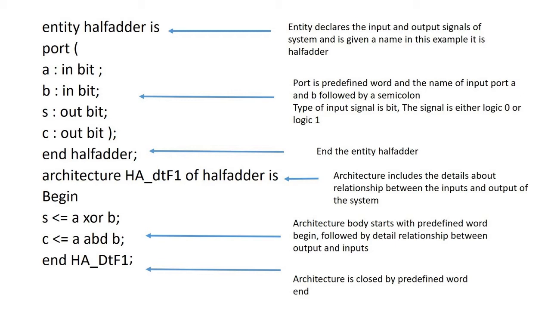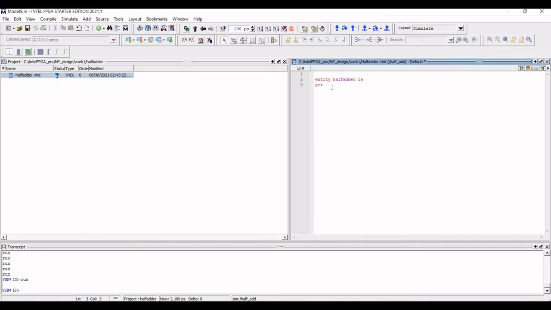Declarations include the name and type of inputs and outputs of the system. Inputs are called input ports and outputs are called output ports.